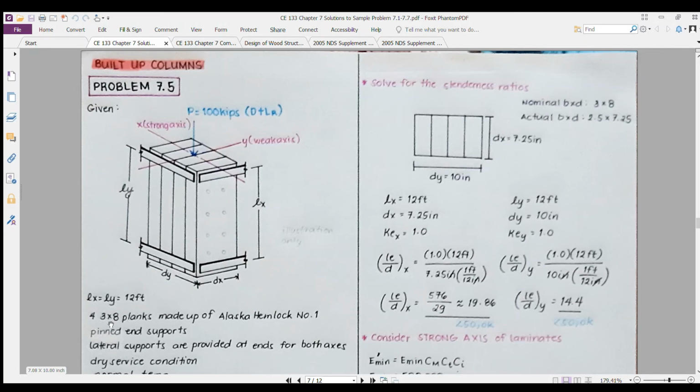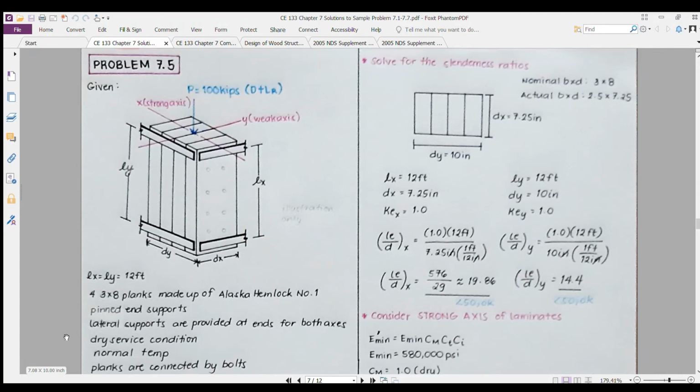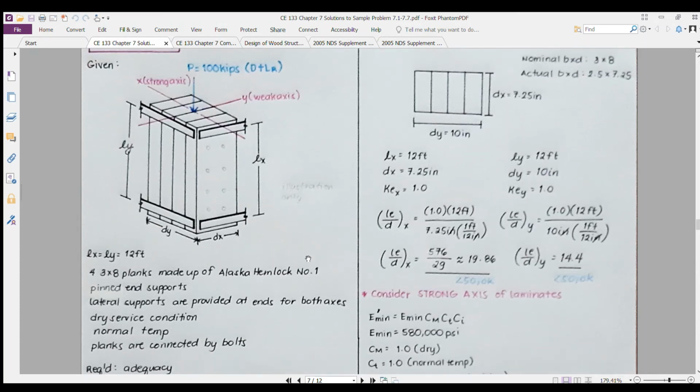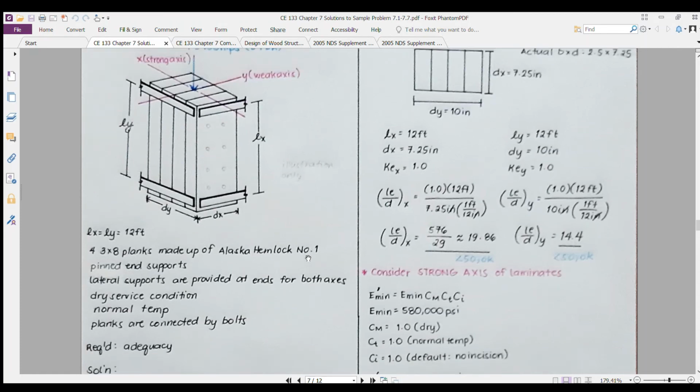The type of wood that we'll be using is Alaska hemlock number 1, and the column is pin supported at both ends. The environment for the column is dry service condition as well as normal temperature, and the planks are connected by bolts. The required in the problem is the adequacy of the built-up column section.